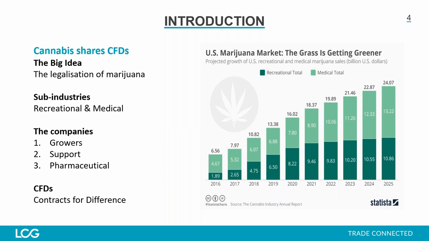The shares are the underlying asset, and these contracts are just an agreement between you and the broker to trade between the opening and closing price of your trade, and that price will reflect the underlying asset, which in this case is these cannabis company shares. Hope that makes sense. There's plenty of material out there on CFDs from LCG if that's a source of uncertainty to you, but I hope that clears it up.